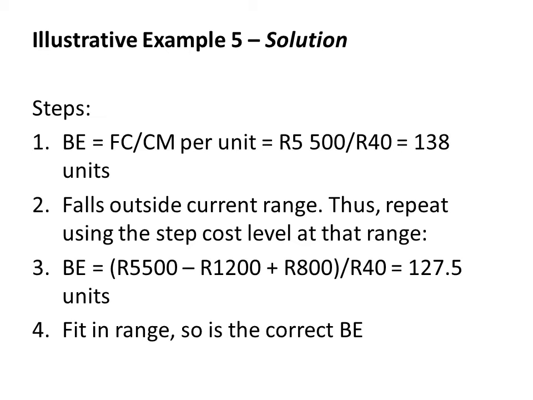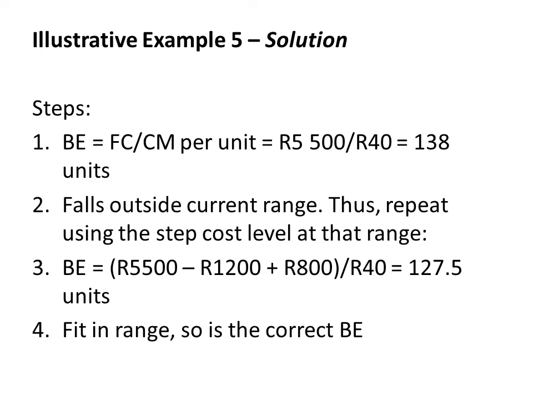Well, the current range is 200 to 250. So 138 break-even is outside of that range. So now we repeat the break-even calculation at the correct level, where the 138 fits in. That's between 100 and 150. If you look on your page, 100 to 150 is a cost of 800.